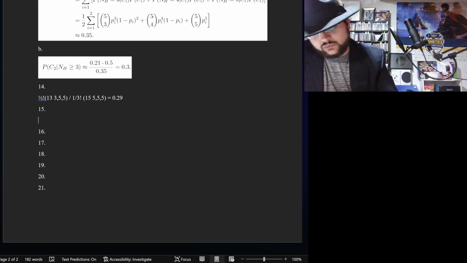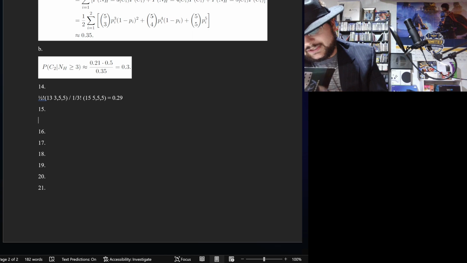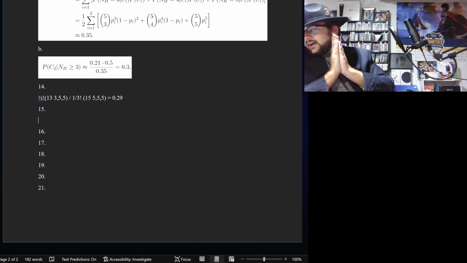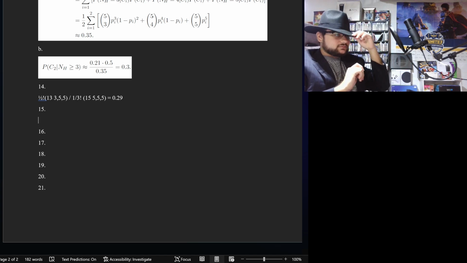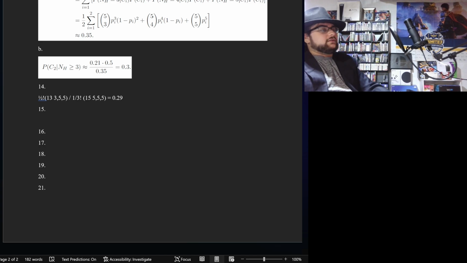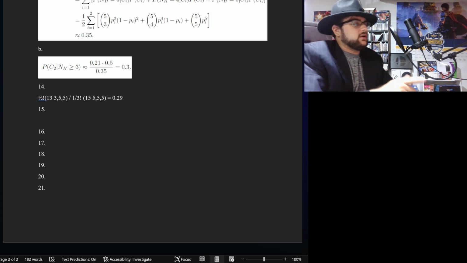Let me read 14. You roll a die 5 times. What is the probability that at least one value is observed more than once? Now, it depends on whether they want a decimal or actually want you to solve it.